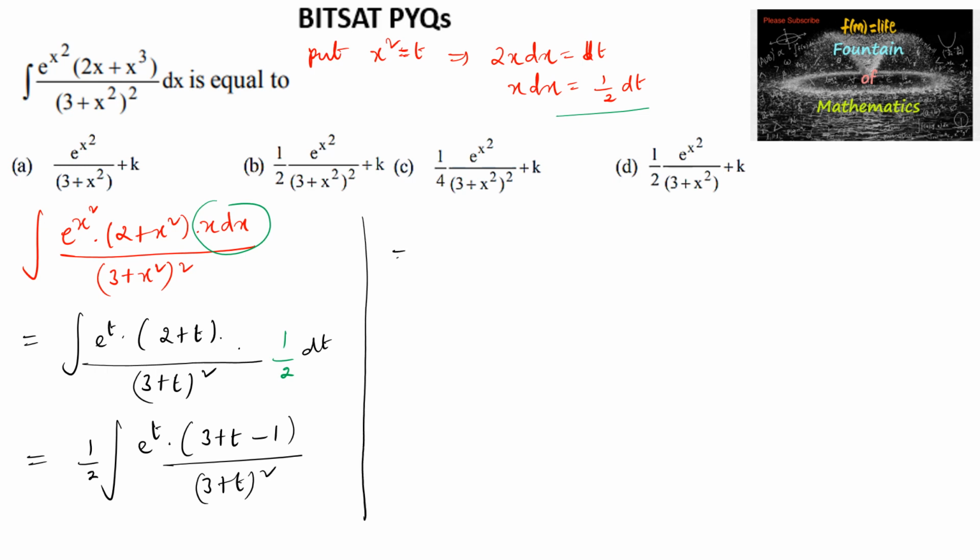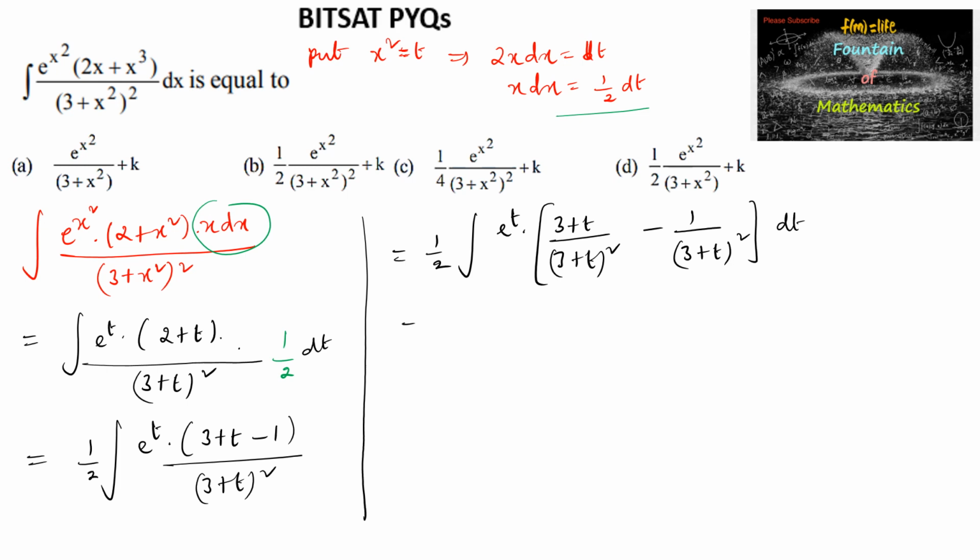So which is equal to 1 upon 2 times integral e power t into 3 plus t upon 3 plus t whole square minus 1 upon 3 plus t whole square dt. So which is equal to 1 by 2 integral e power t into 1 upon 3 plus t minus 1 upon 3 plus t whole square.